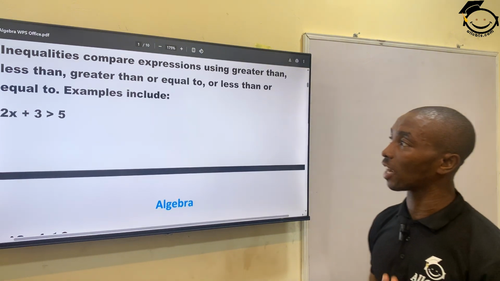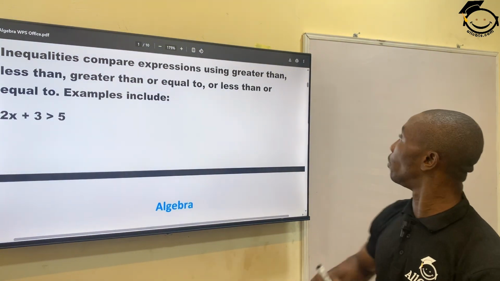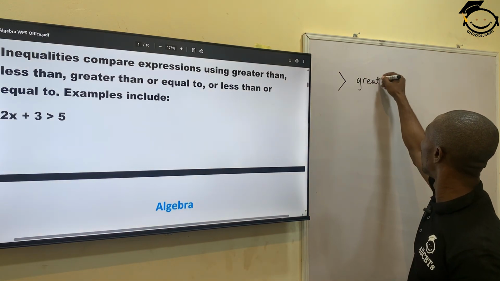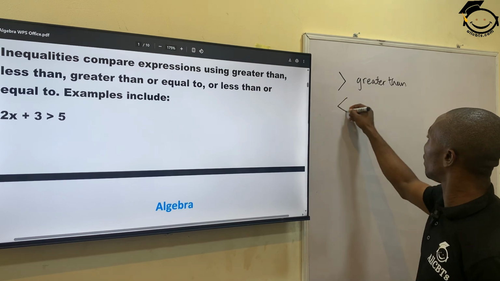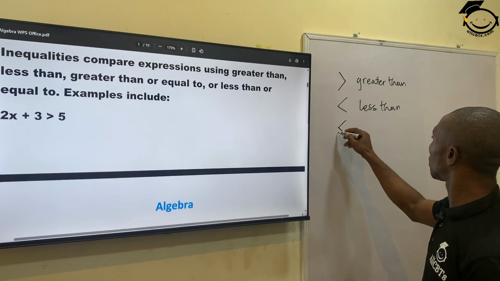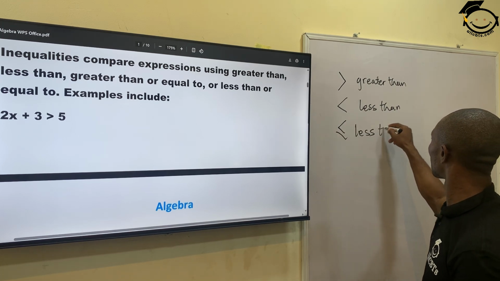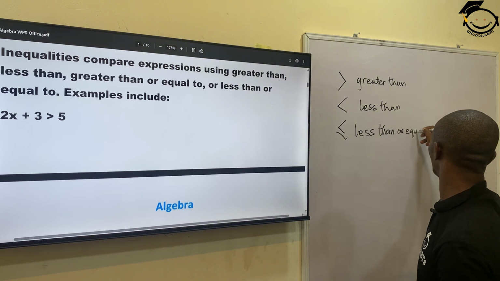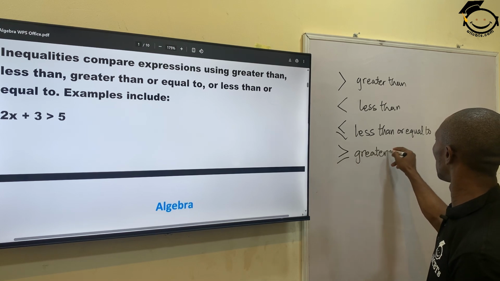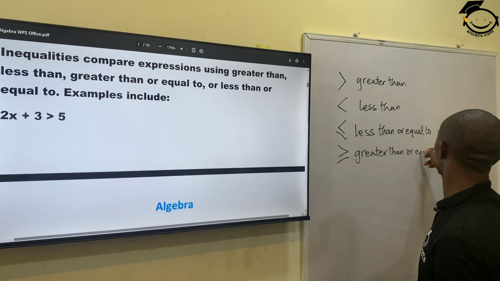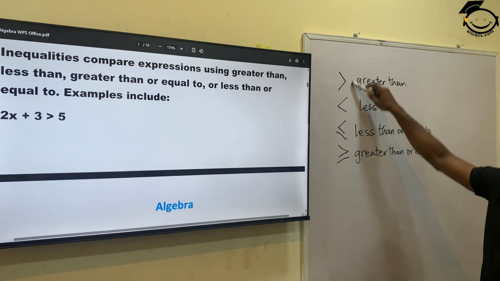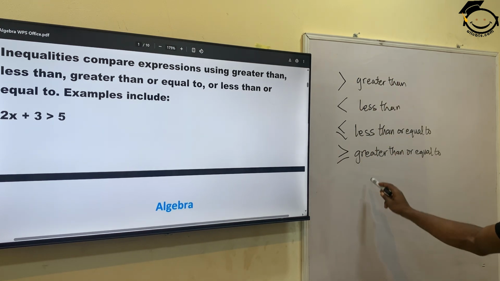So whenever you see an expression that bears the symbols greater than, less than, less than or equal to, and greater than or equal to, these four symbols represent inequality.